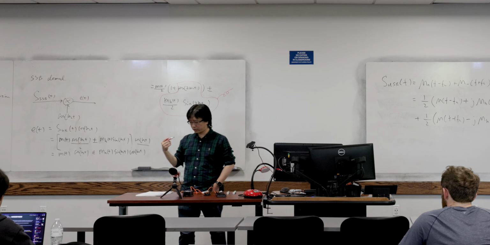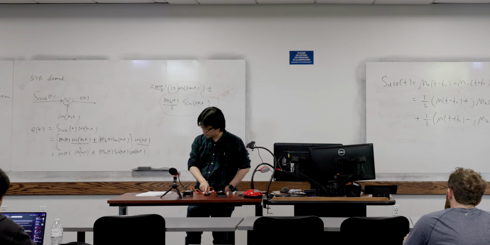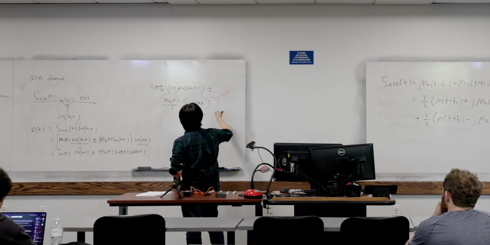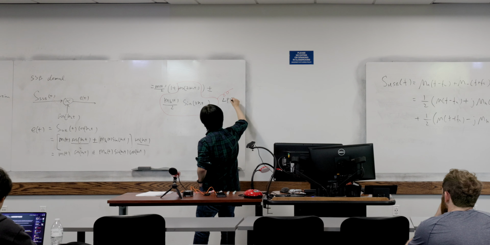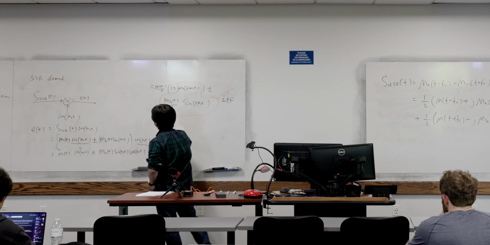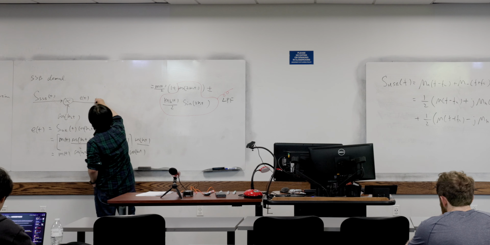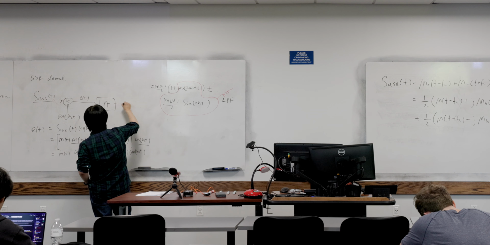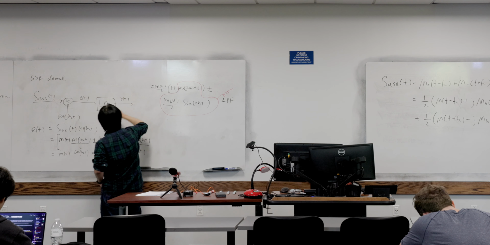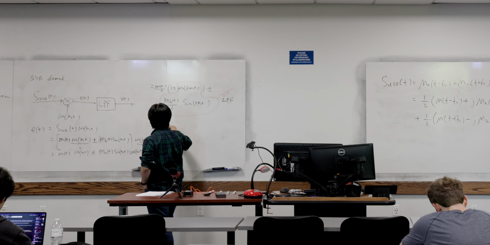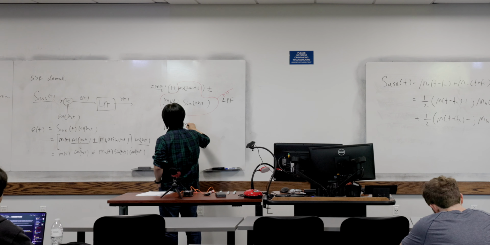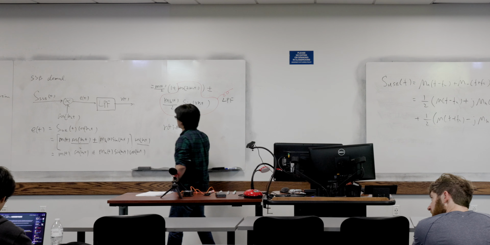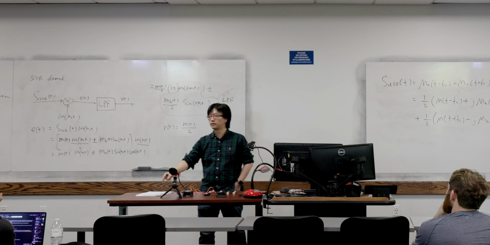So basically, the coherent demodulator will work. We can remove this part by the LPF. We pass the received signal through the LPF, and then get our signal, r of t, which is nothing but m of t over 2, and then we can recover m of t.